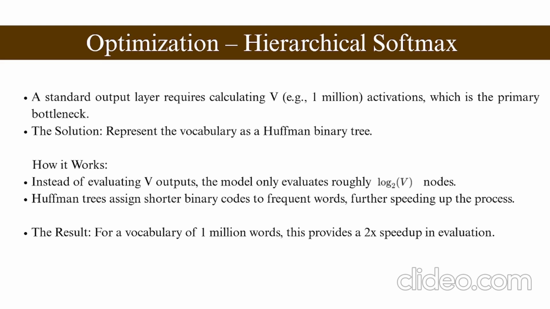Mathematically, this reduces the complexity from V to roughly log base 2 of V. Furthermore, because it uses a Huffman tree, more frequent words are assigned shorter paths, speeding up the process even further. For a vocabulary of 1 million words, this clever data structure produces at least a 2 times speed up in overall evaluation.